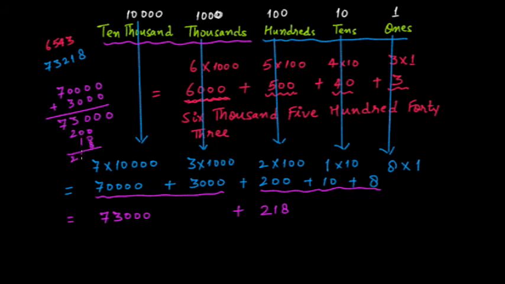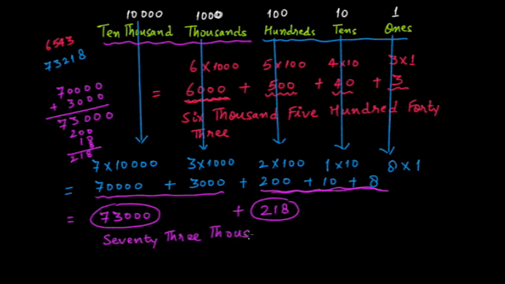If you add it, this will come to 218. Now, how do you read this? You'll read this separately, that is 73,000, and this one separately, that is 218. So you'll read it 73,218.